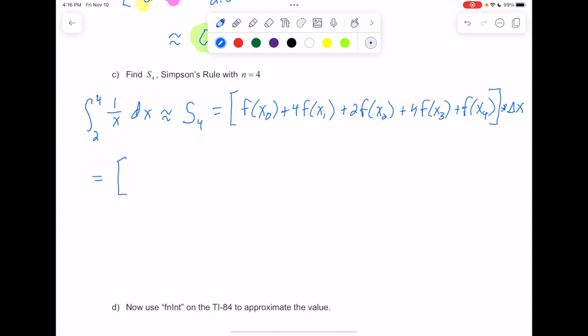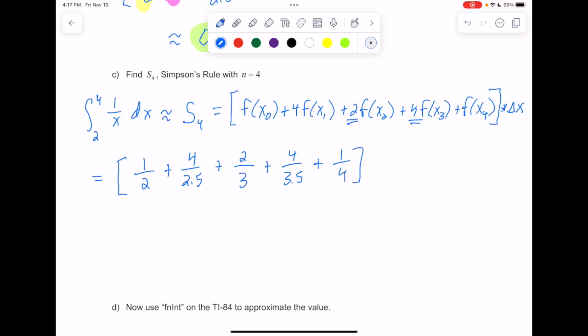So now let's start plugging those in. So f of the first value is 1 over the left-hand endpoint plus 4 times 1 over the next endpoint. So that would be 1 over 2.5 for our next boundary edge, the x1. So we could put 4 times 1 over 2.5, but in this case, I'm just going to put that multiplier in the numerator. So this 4 I'll put in the numerator, and then we have 1 over x2, so that's 1 over 3. Plus this 4 I'll put in the numerator, and then we have 1 over 3.5, and then plus, with no multiplier this time, 1 over the last endpoint.